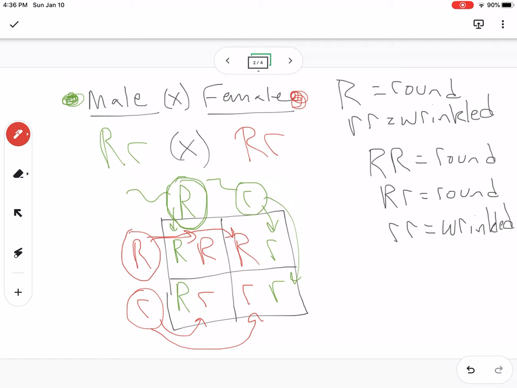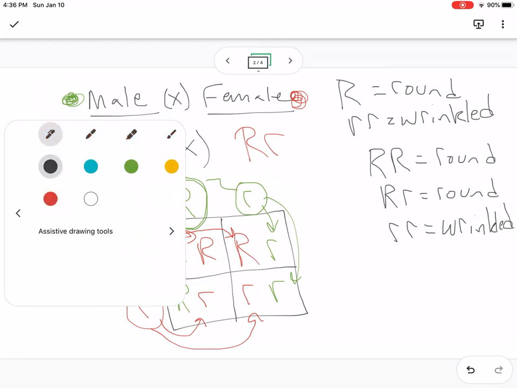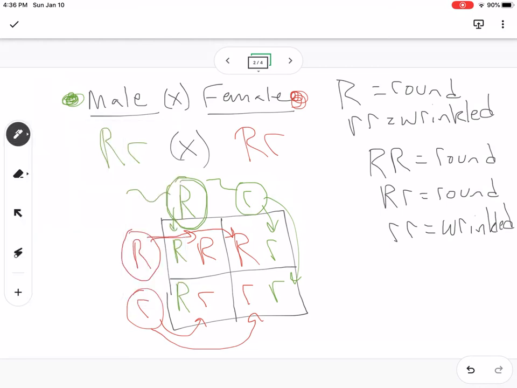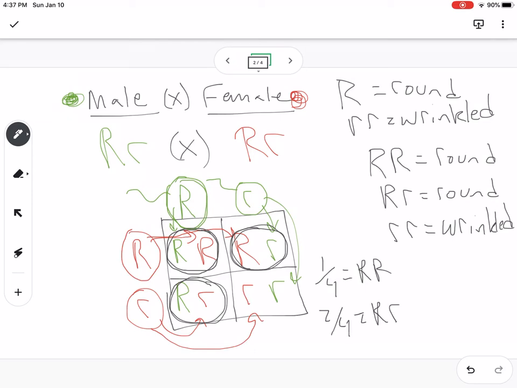So now we have our combinations of what their babies potentially could be. We could have a pea plant that is big R, big R: 1 out of 4. We could have a big R, little r. In fact, we could have two possibilities of big R, little r: 2 out of 4. And then the last possibility, 1 out of 4, little r, little r.